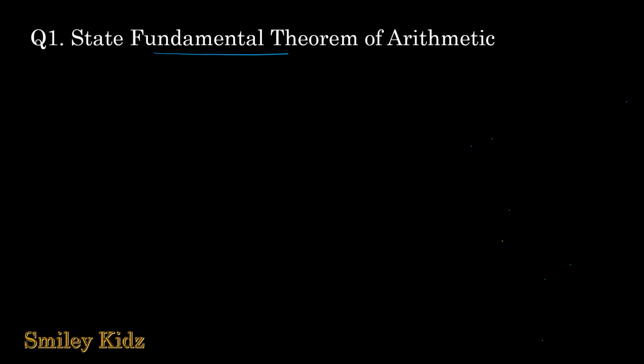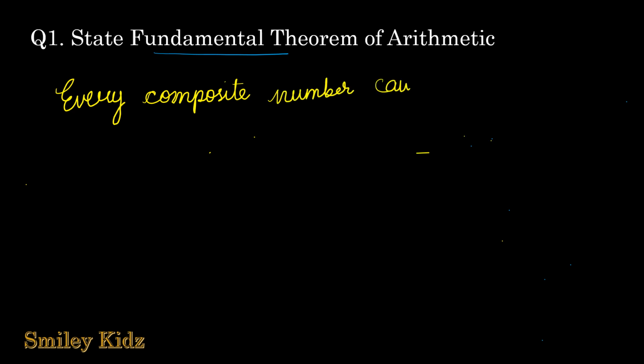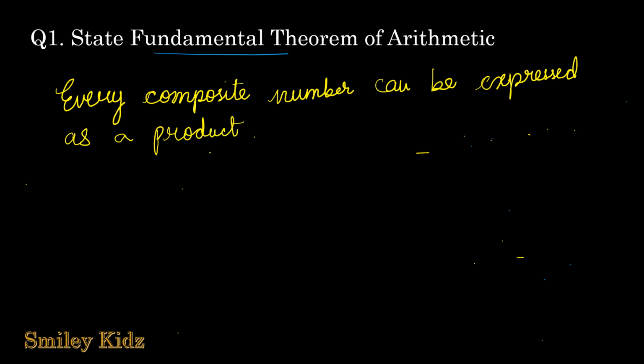So the simple definition of the fundamental theorem of arithmetic would be: every composite number can be expressed or factorized as a product of primes.